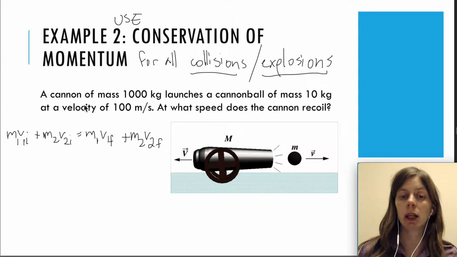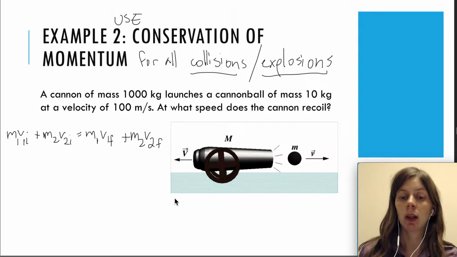For conservation of momentum problems, I'm a big fan of writing down all the givens. I always do, because it really helps me keep track of all these subscripts, especially as we start to do collisions in two dimensions, where we have more velocities to keep track of.